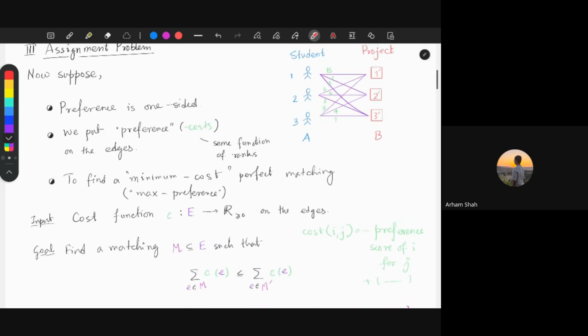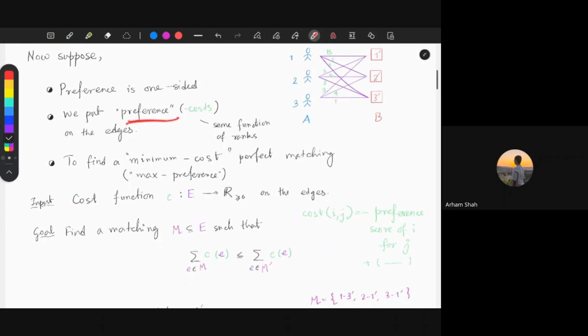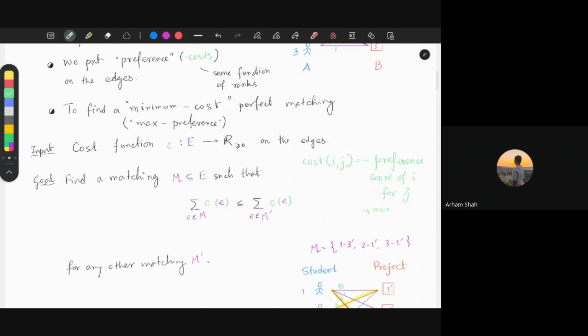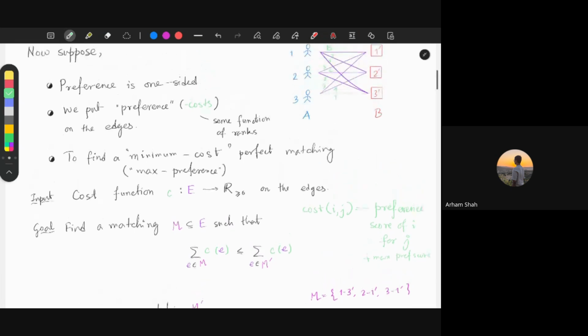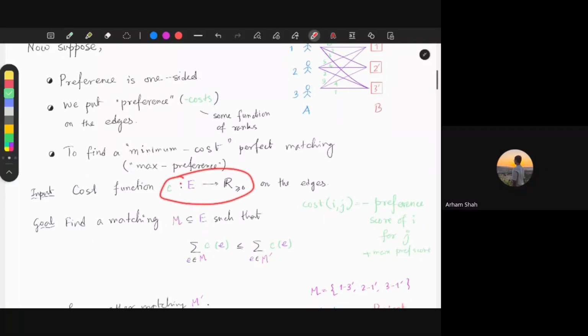Now what we do is take the negative of this preference score. We call them cost, and just to make everything positive, we add the maximum of this preference score so that everything is positive. The cost is basically a function from edges to positive real numbers.